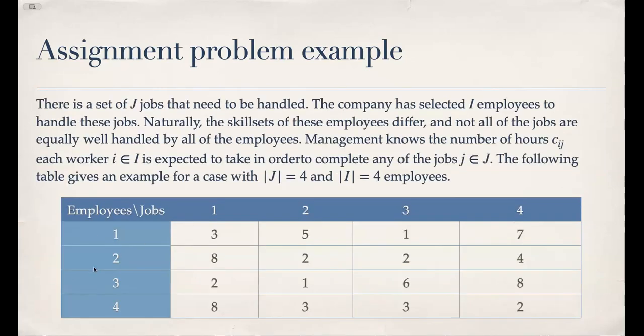Imagine that this table is not the hours required. Imagine that this one is a table of our decision variable, because it looks very similar, right? But in our decision variable, this table becomes 0 or 1, right?